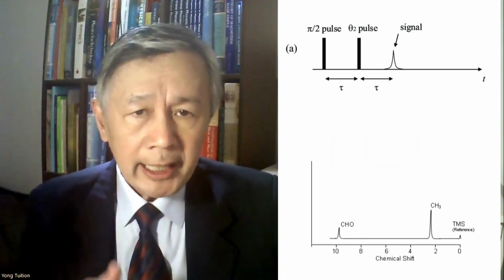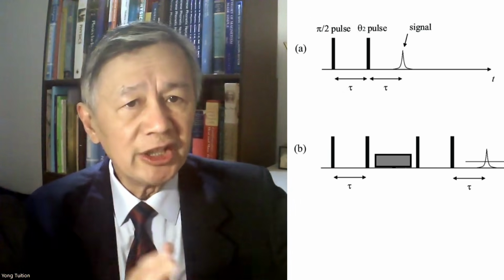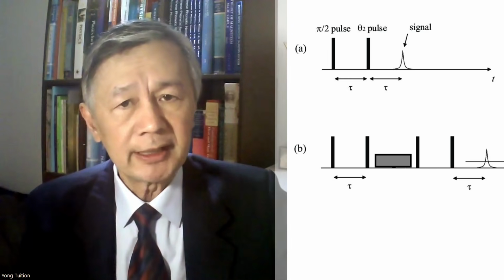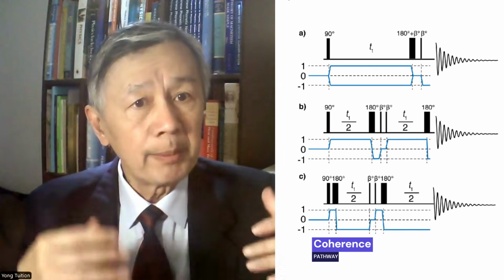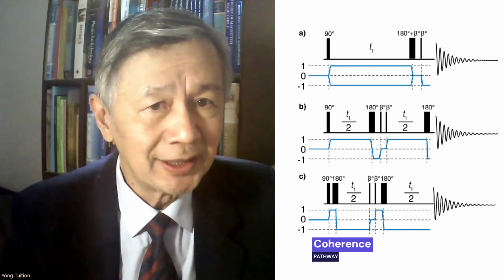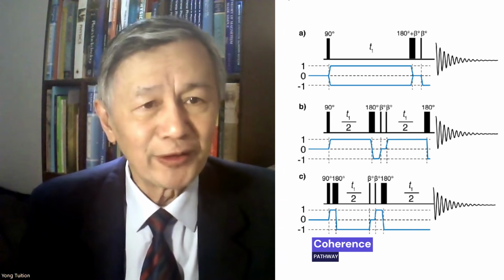Further, one can add another pulse or several pulses between the initial and the final quantum states. In this way, a quantum coherence pathway is created before the coherence disappears. Sounds familiar?